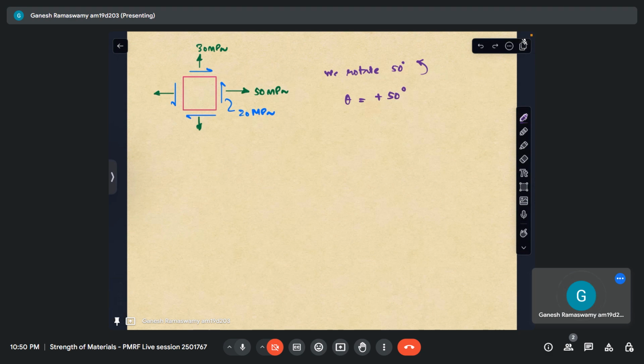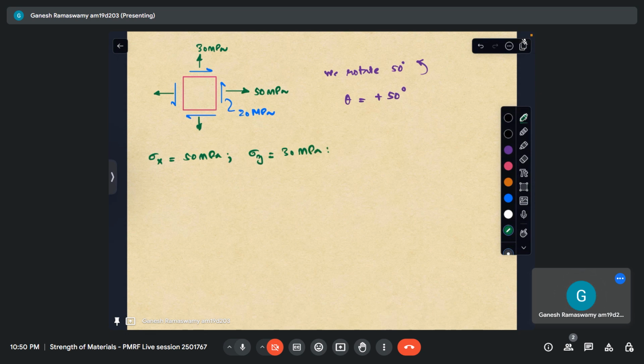So here we can see, sigma x is 50 MPa, sigma y is 30 MPa, and tau xy is plus 20 MPa because it is pointed towards the positive direction on the positive face.